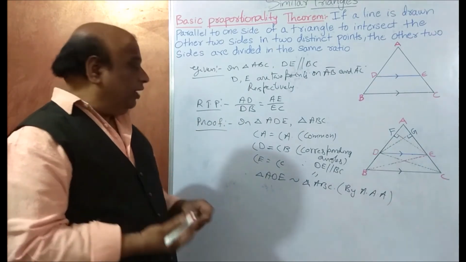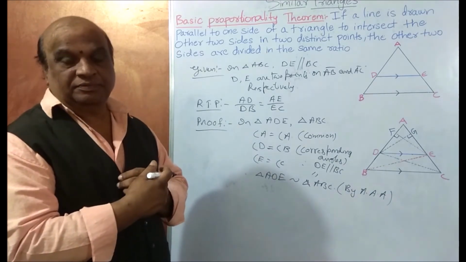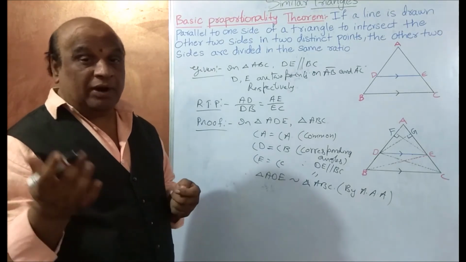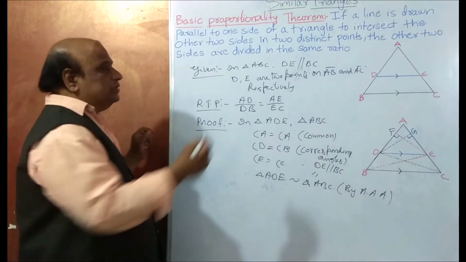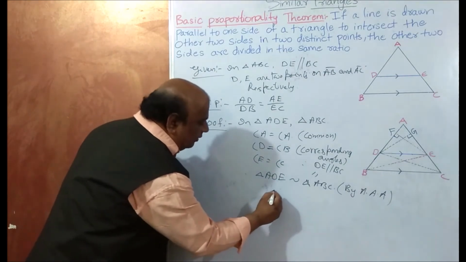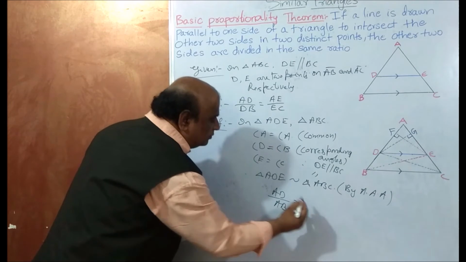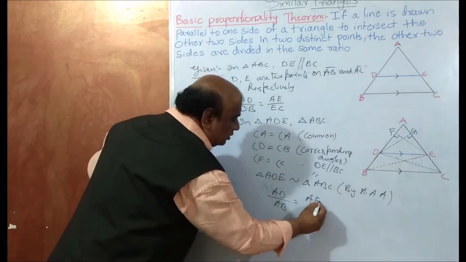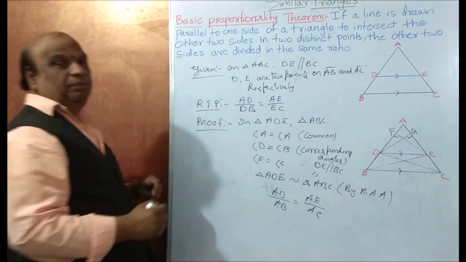Now, when we satisfy one condition, automatically the corresponding sides are proportional. What are the corresponding sides here? Triangle ADE, triangle ABC: AD by AB is equal to AE by AC. We got this proportionality.